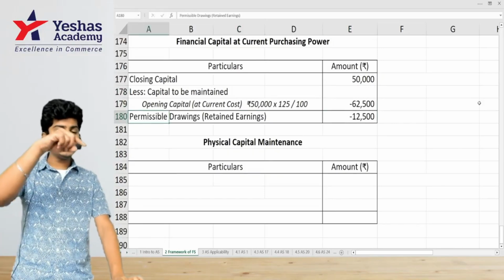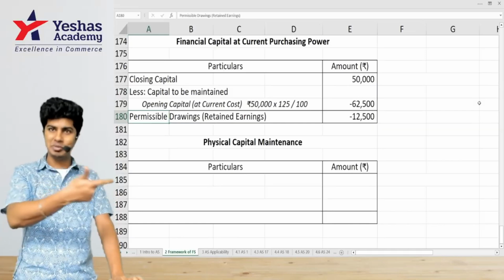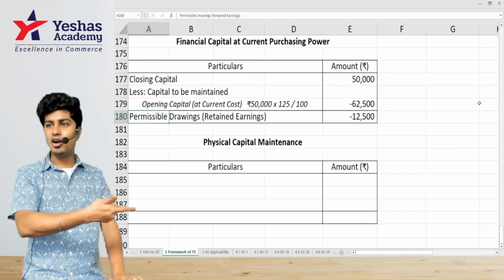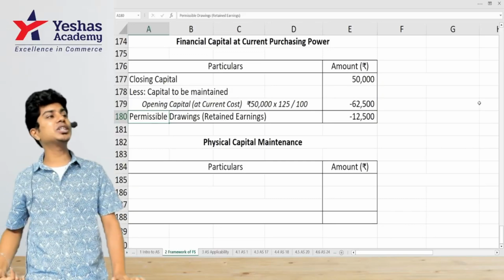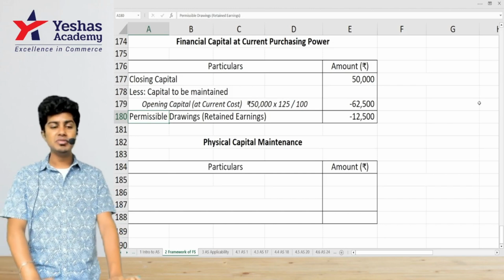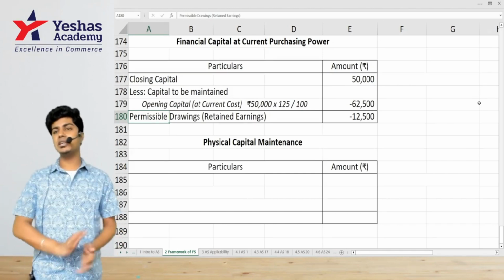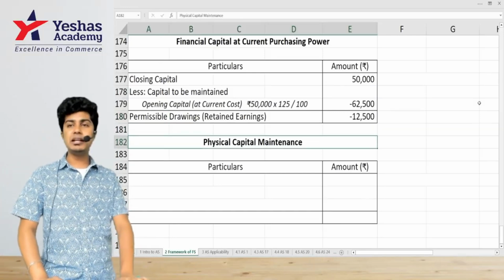I'll write drawings as minus 12,500, meaning we should actually bring in additional capital of 12,500. You understood that? This is under the current purchasing power method.